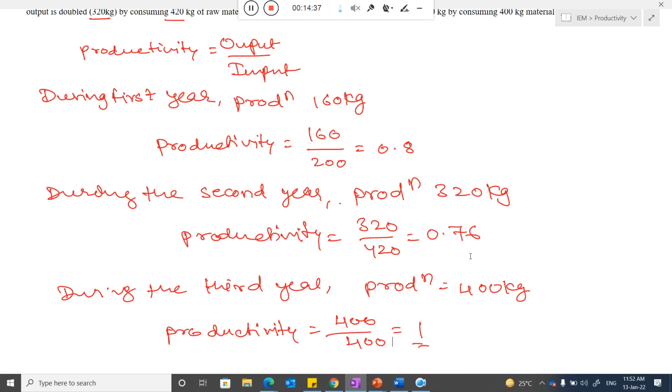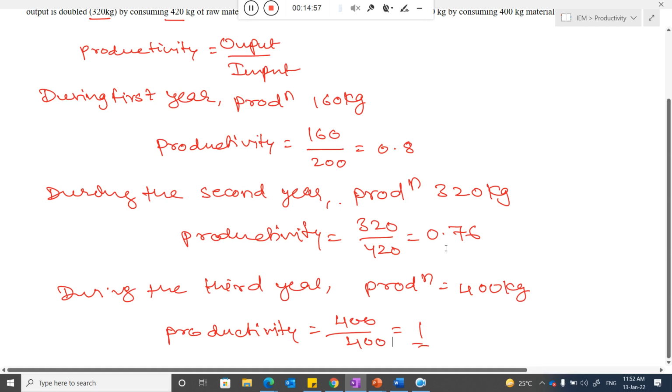It is not like 100% or 200% productivity. I just want to compare the existing process with the previous process, the future process, or another department's process. That's why I need to calculate the productivity.